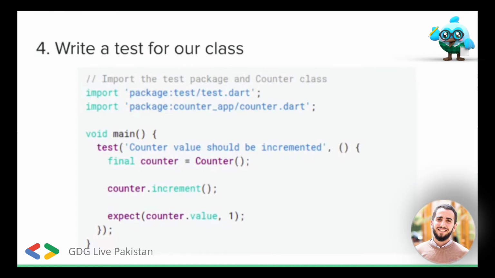The second parameter is a void callback, or we can call it the body of the test case. So here we created an object from this class. We need to test its counter.